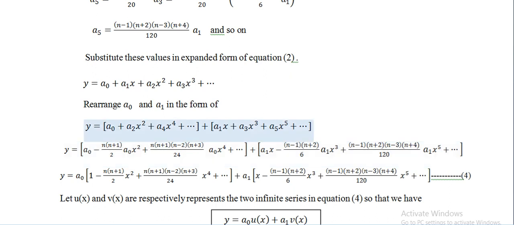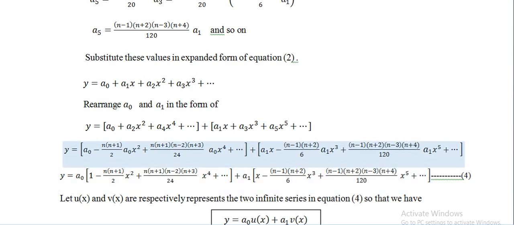And similarly a1 is not equal to 0, then the a3 value is minus (n − 1)(n + 2)/6, and the a5 value is plus (n − 1)(n + 2)(n − 3)(n + 4)/120 into a1 x⁵.